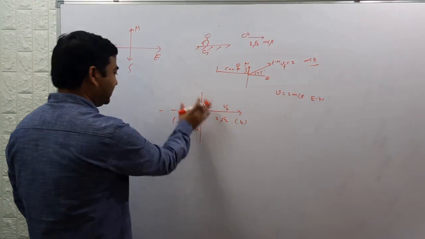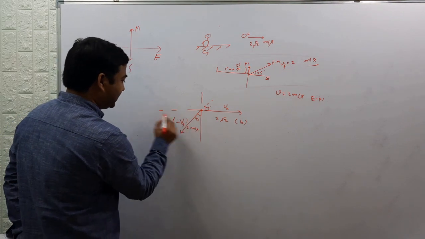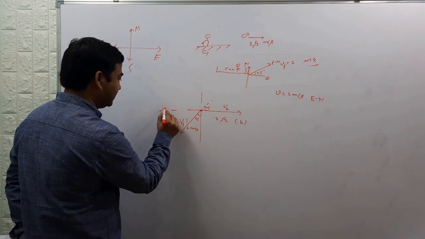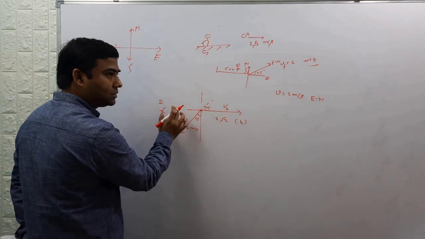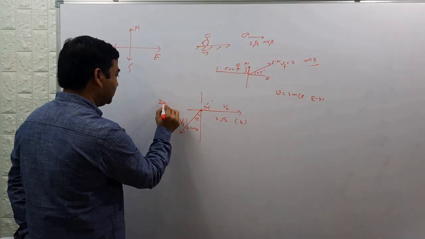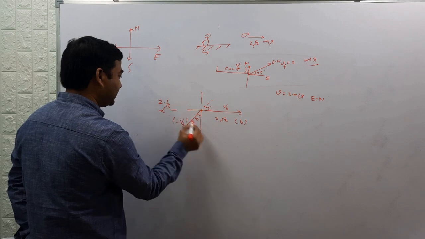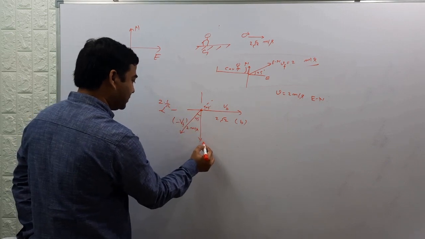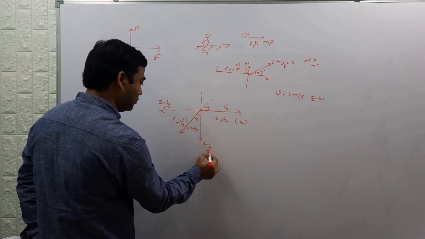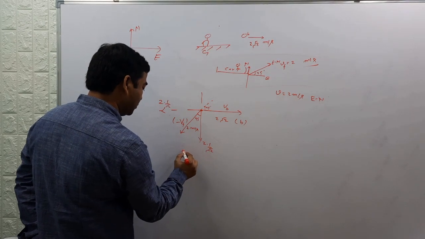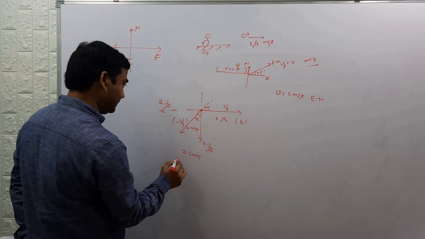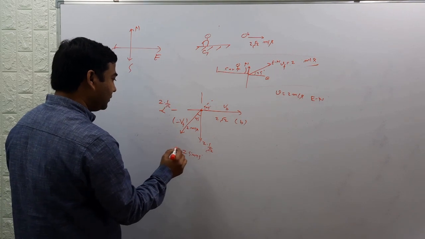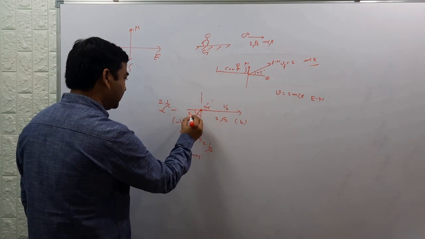So just divide the components. In this direction 2 meter per second, in this direction its component is 2 cos 45, that is 1 by root 2, and in this direction the component is 2 sin 45 degrees. This angle is 45 degrees.